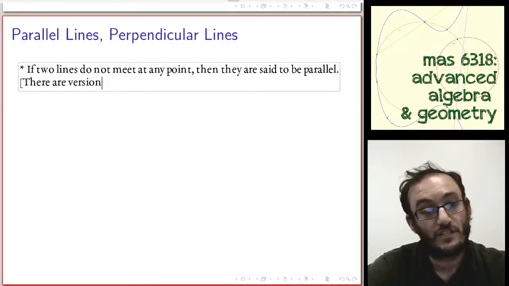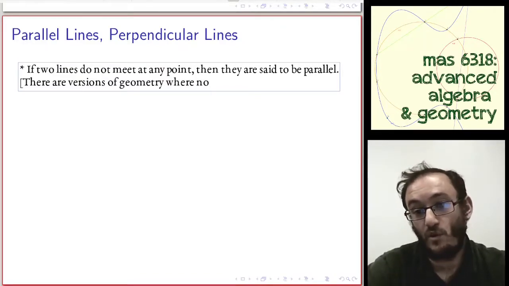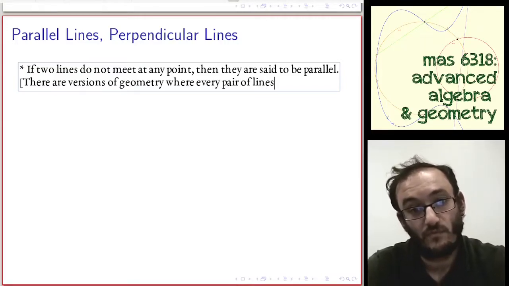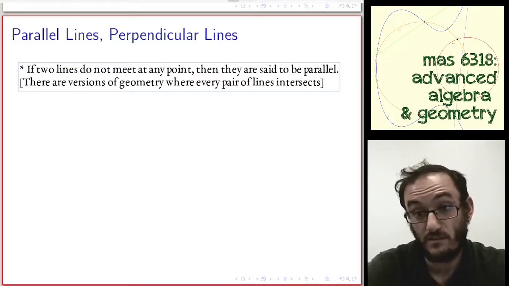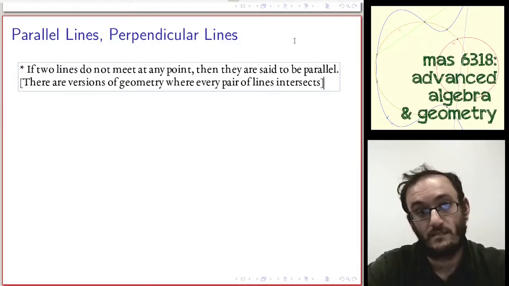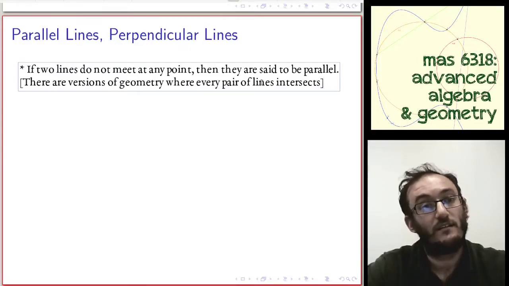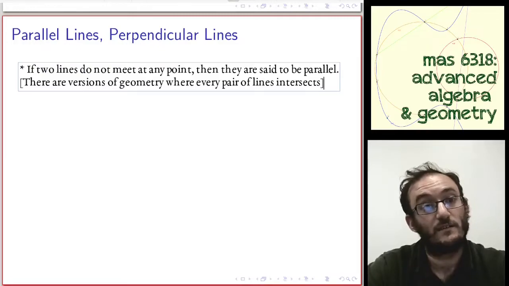There are versions of geometry where every pair of lines intersects. So the idea that there is such a thing as parallel lines is something that Euclid has to assert as a postulate rather than as some kind of provable geometric fact.